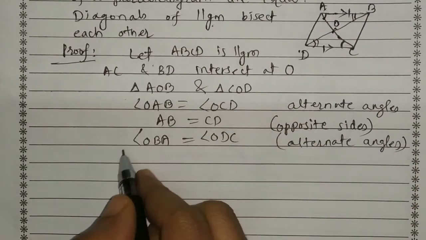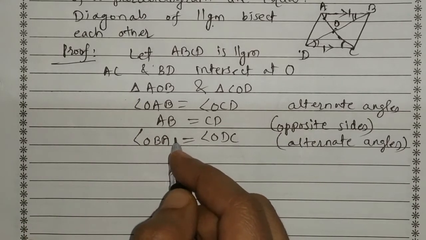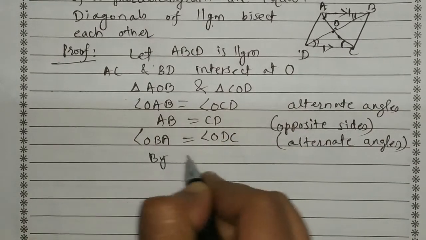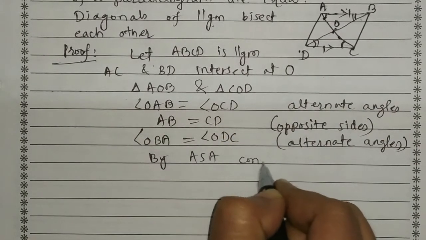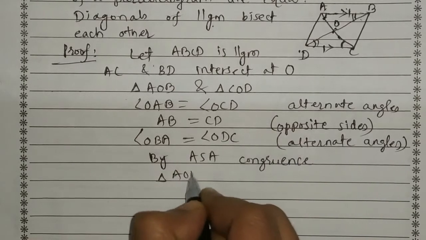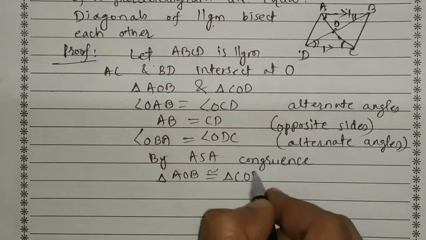So now by using the ASA criteria, the triangle AOB is congruent to triangle COD.